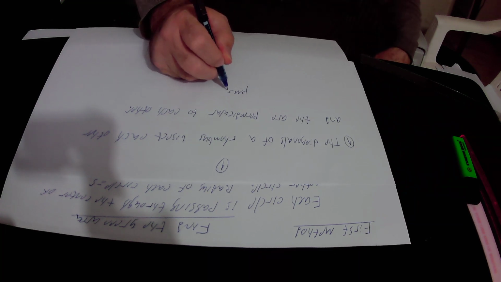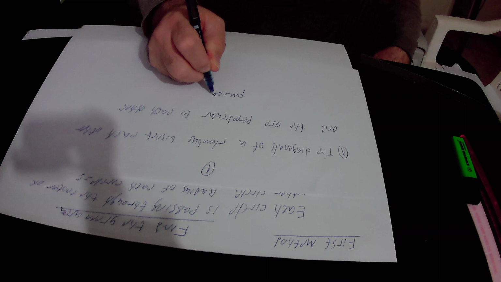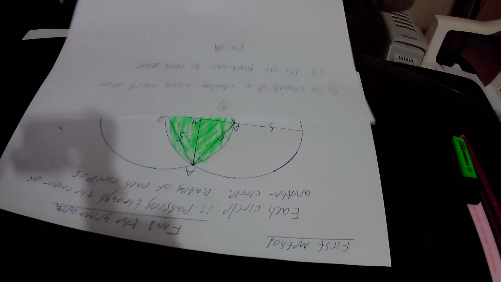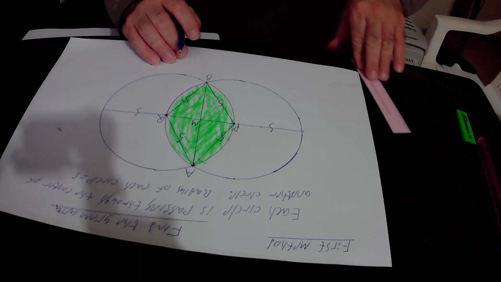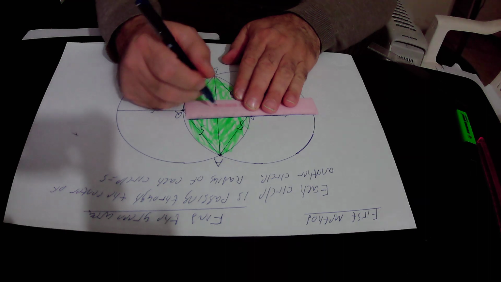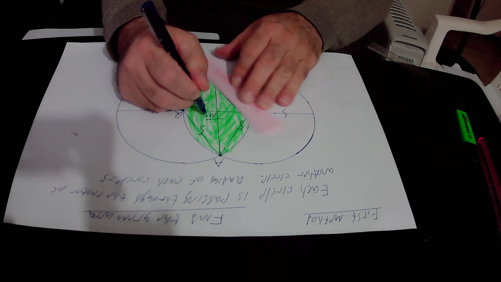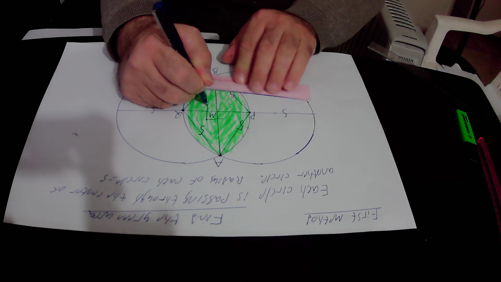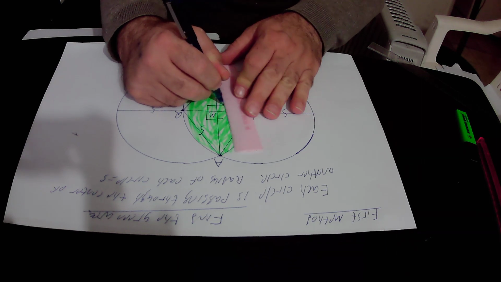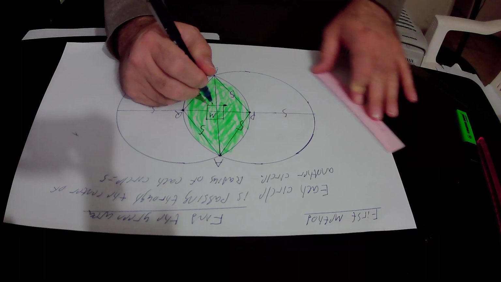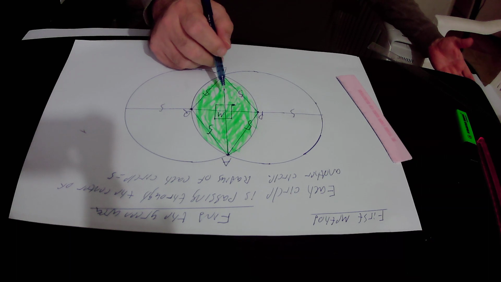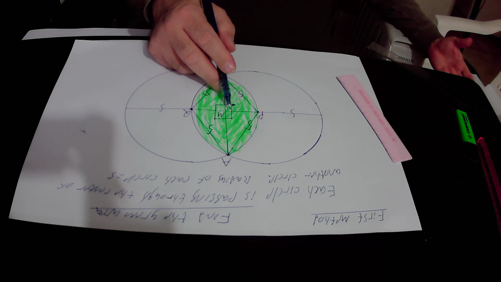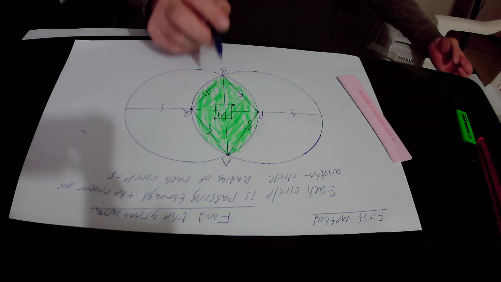PM equals QM, and they are perpendicular to each other, that is to say we will have here four right angles. According to the rule that the diagonals of a rhombus are perpendicular to each other, we have here four right angles.